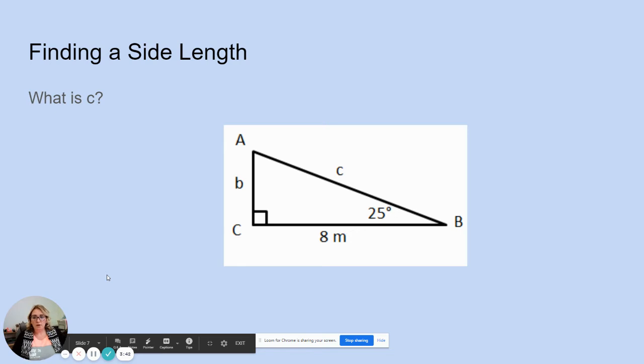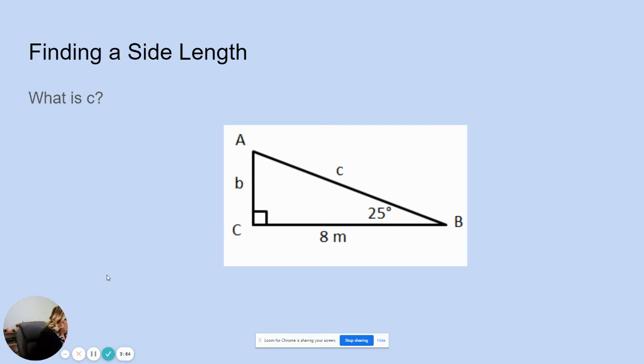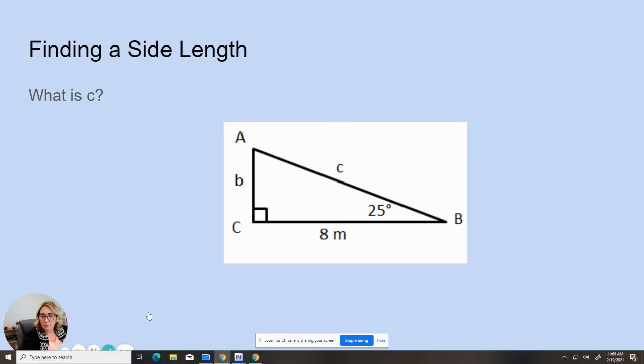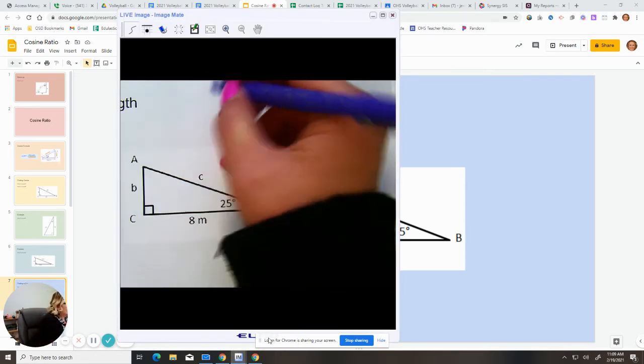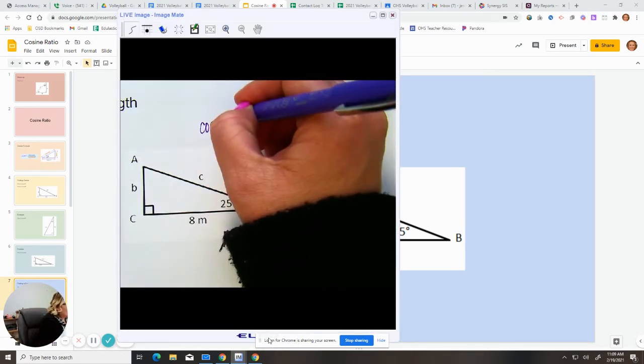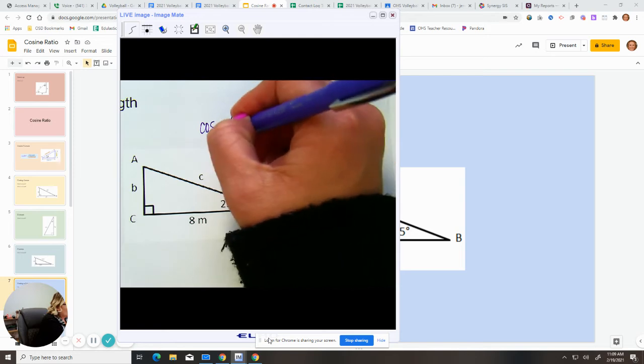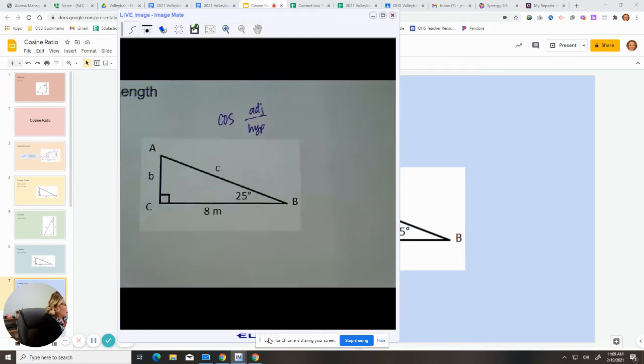Now we're going to do the same thing we've done with tangent and sine. We are going to start using our formula, using cosine, to set up and solve an equation. We are still going to say that the cosine is the adjacent over the hypotenuse, right?